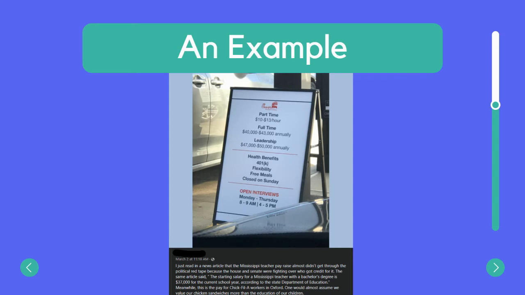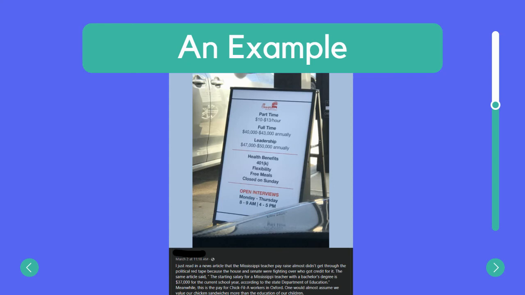Now, this is a fallacious argument to make, because these two things are not related to each other at all. The government does not dictate what Chick-fil-A pays their workers. They do dictate what they have to minimally pay their workers. But the government does not pay them out of their own pockets. Teachers are, though, a government-funded position, and therefore the government decides that. These two things do not go together.